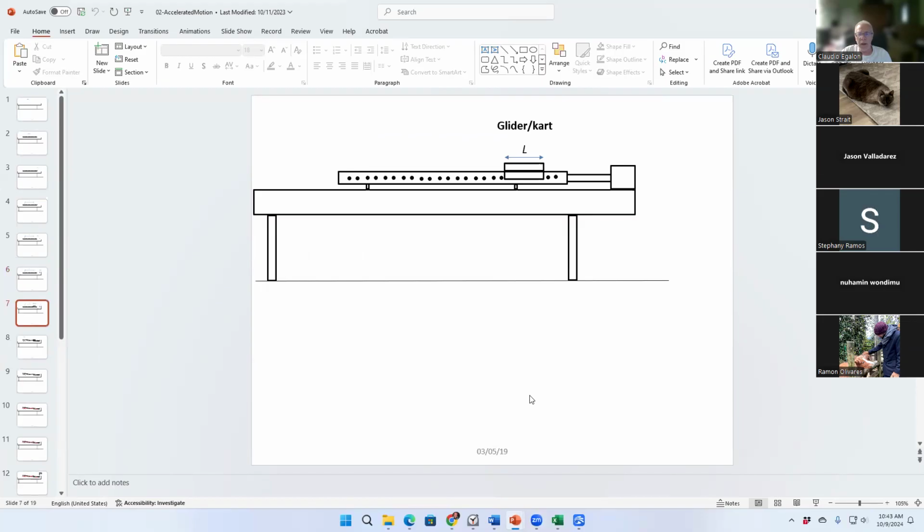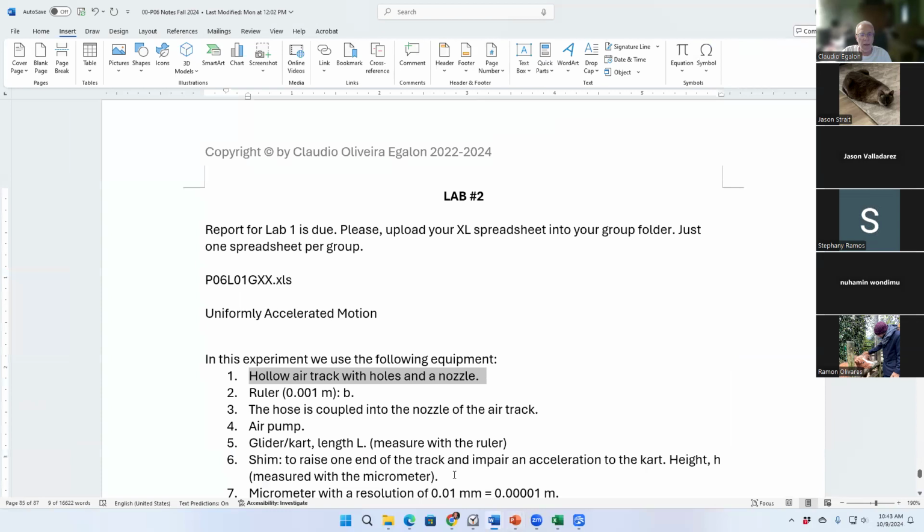Next, we have a glider, a little cart that fits into the air track. The air track has a triangular cross section. Let's write it down there. The air track, hollow air track with a triangular cross section and holes, with holes and a nozzle at its end.